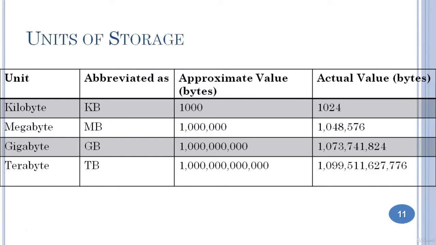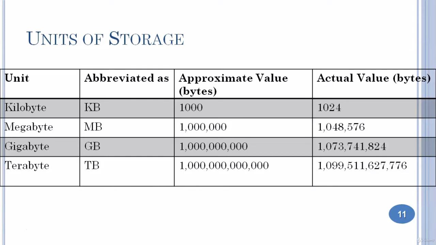Now let's discuss what is a gigabyte. A gigabyte is abbreviated as GB and its approximate value is 1 billion bytes and its actual value in bytes is 1073741824.